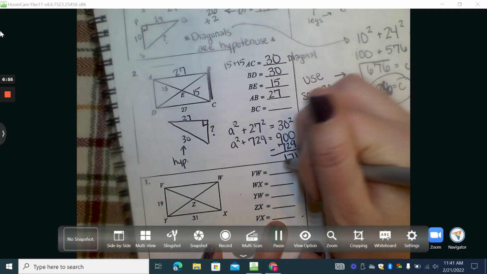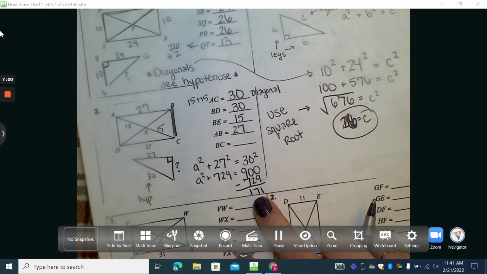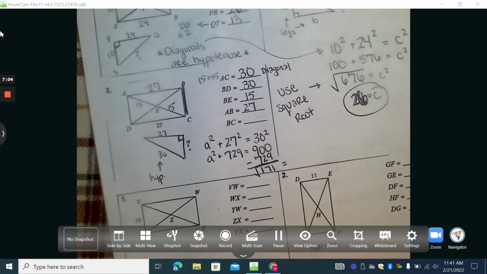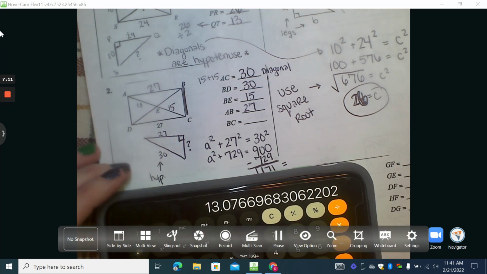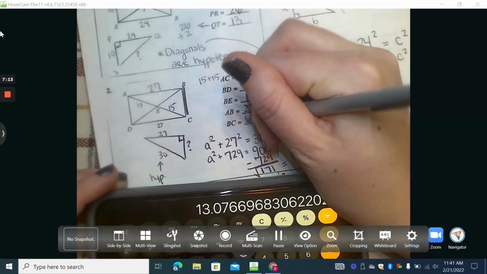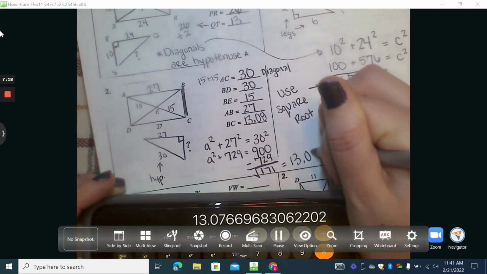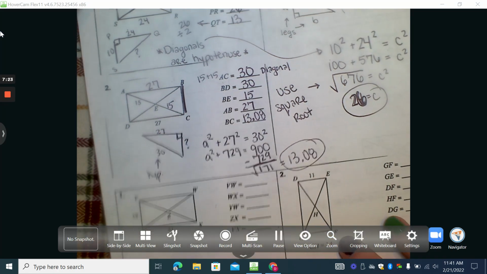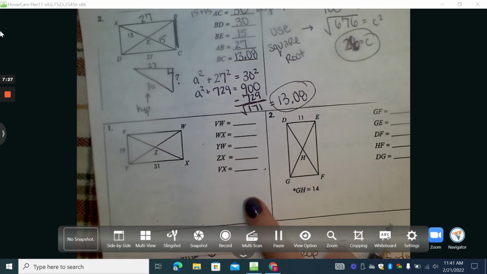And so I'm going to take the square root of 171, which is 13.076. Let's round that to 13.08. That is my A. And so your next two slides are going to be figuring out your answers for number 1 and number 2 down here.